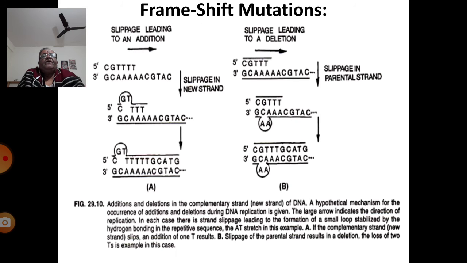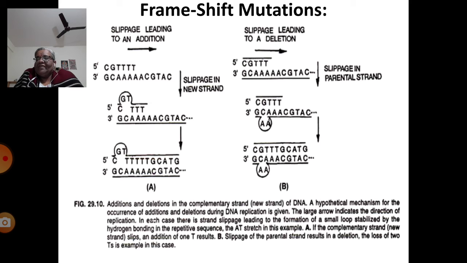Here is the representation at the molecular level telling you about frame shift mutations, additions and deletions in the complementary strand, that is the new strand of DNA. Here you can see a hypothetical mechanism for the occurrence of additions and deletions during DNA replication. The large arrow indicates the direction of replication.